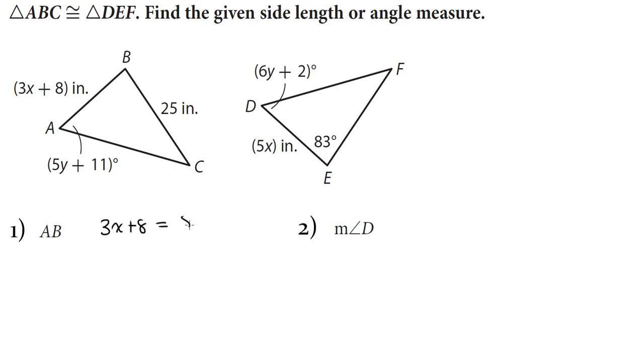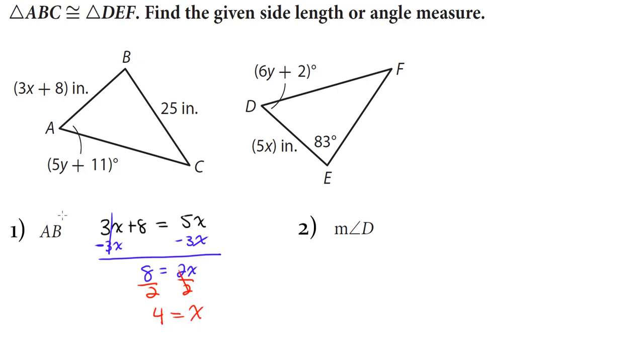So let's solve. First I need to eliminate one of these variables. So I'm going to subtract 3x from both sides. And I get here 2x equals 8. And then when I divide by 2, I get x equals 4.